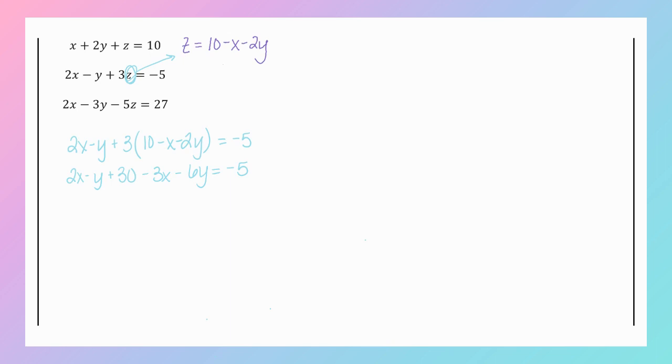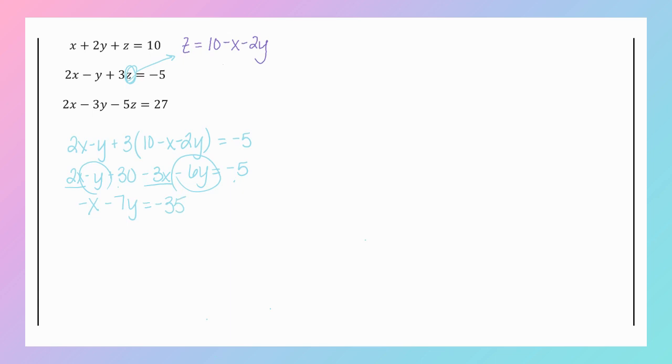Now I'm going to combine my terms. I'm going to get my x's and y's on the left and my constants on the right. So I'm going to combine the 2x and the -3x, which is -x. I'm going to combine the -y and the -6y, which is -7y. And at the same time, I'm going to subtract 30, so it moves to the other side. And I'm going to get -35, okay? Now, I'm going to put a pin in that.